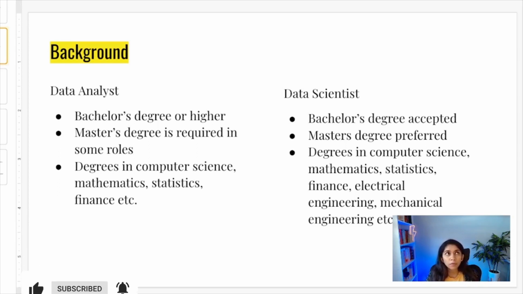I've seen people from medicine, dentists, trying to move into the field of data science. So for a data analyst, it's usually a bachelor's degree or higher. A master's degree is required in some roles, but again, it could be more of a data science catered role.